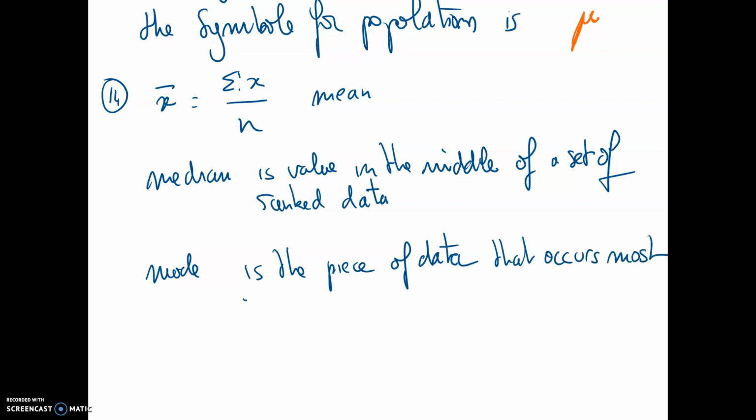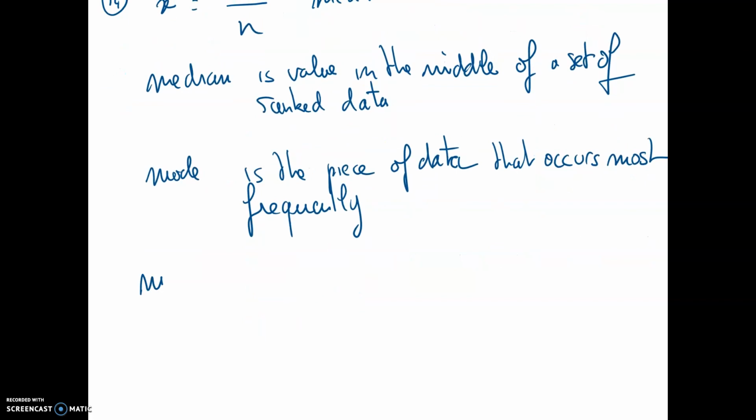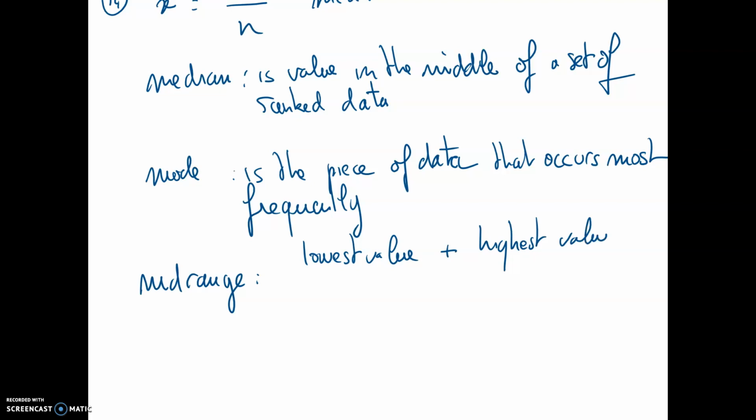Now, if I want to calculate the mid-range, I will have to take the lowest value plus the highest value, and I divide by 2. And that would be my mid-range.